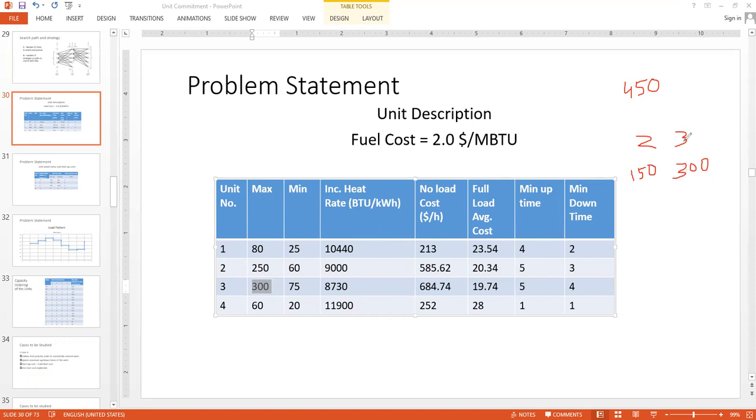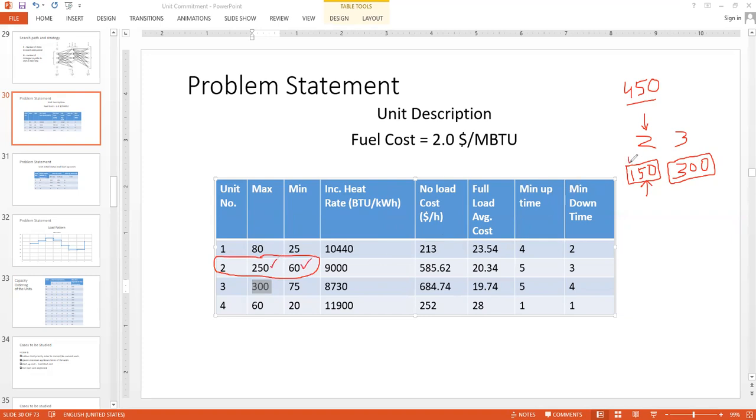So we are taking the maximum possible capacity of the lowest cost unit at first to satisfy the demand. However, we have to keep an eye on the remaining generation from the other unit. That means we have to check whether this value lies within the maximum and minimum limit of that specific unit. In this case, luckily, it lies between 250 and 60.